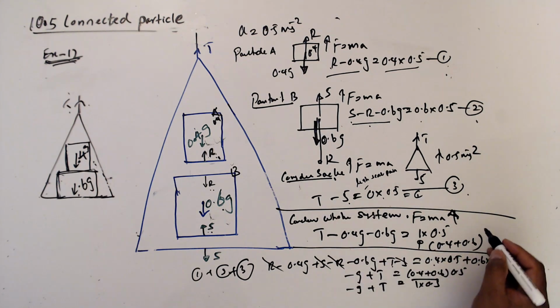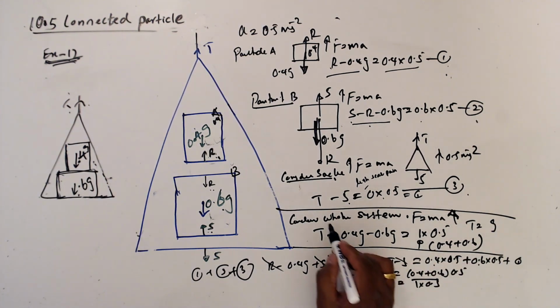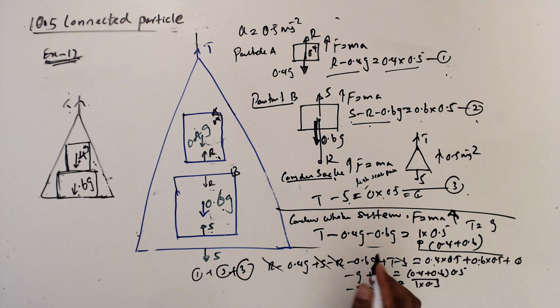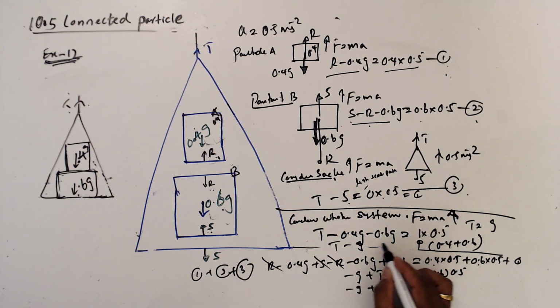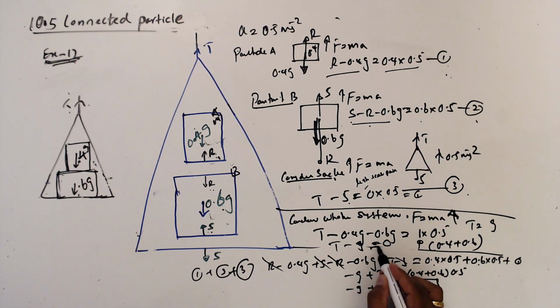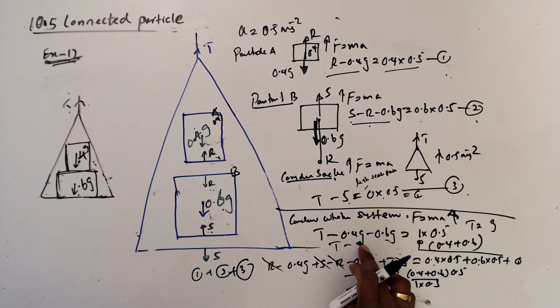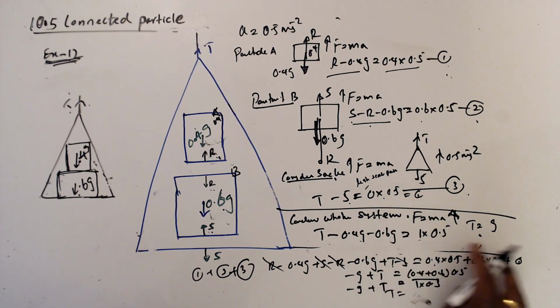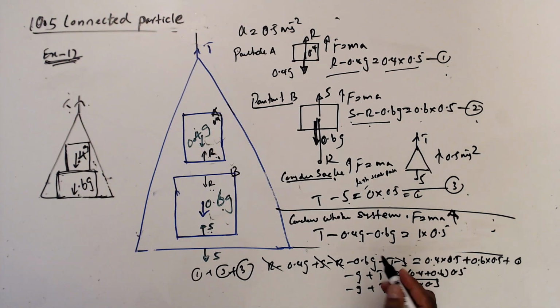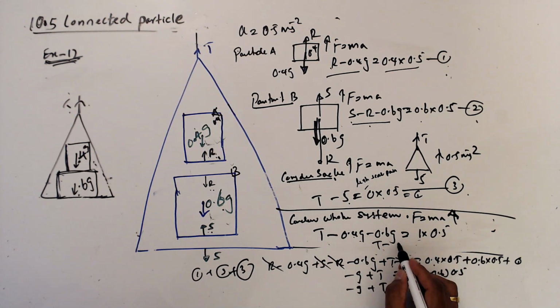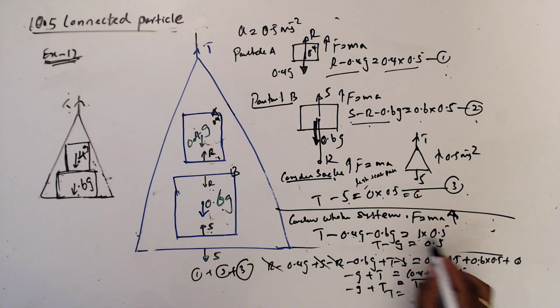Not T equals G. So T minus G equals 1 times 0.5.